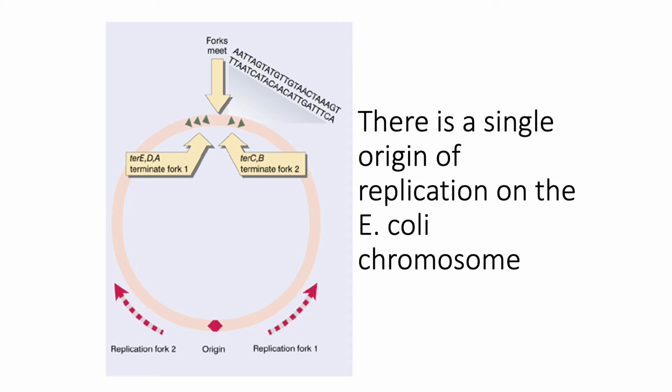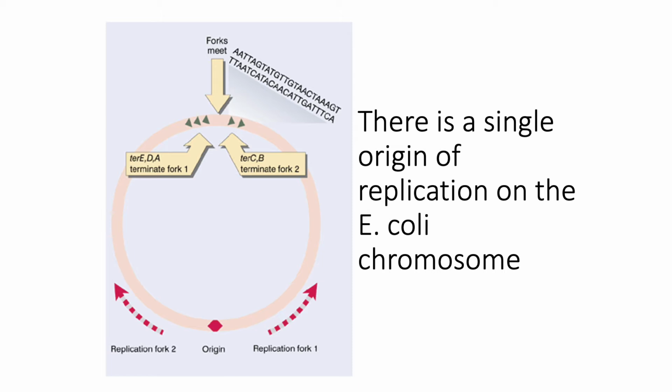Now, in E. coli, if you grow it under ideal conditions, it can double about every 20 minutes. However, it takes 40 minutes or longer for the polymerase to work its way around from the origin to the termination site.